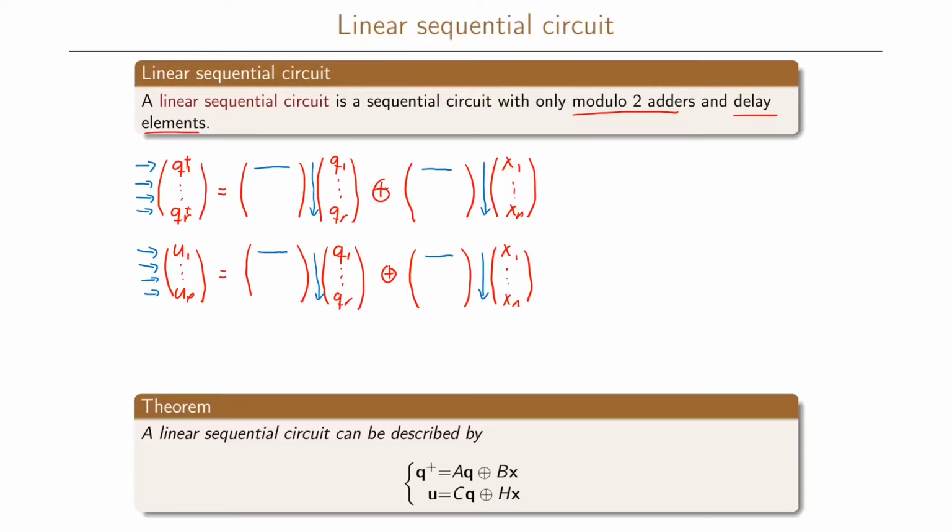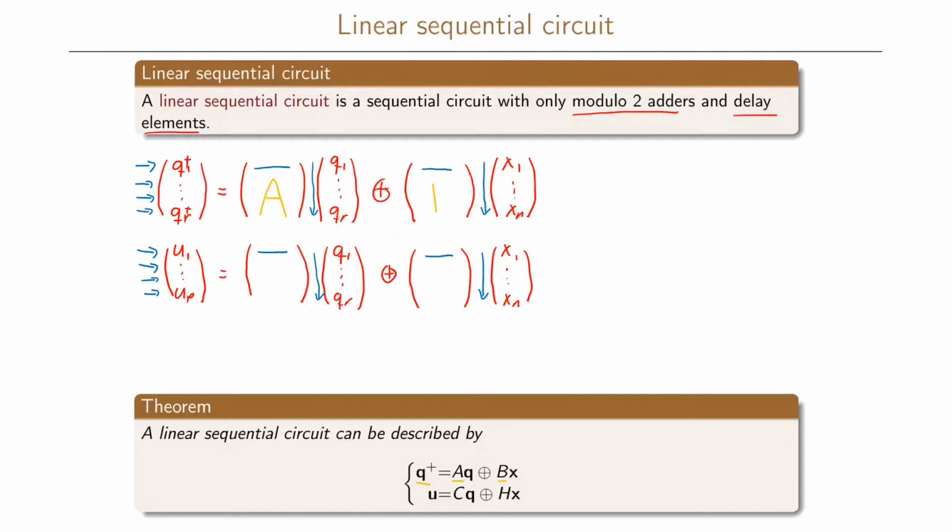So from this it follows that a linear circuit can always be described by this column vector here of the next state variables, which equals a matrix that we're going to call A, times the current state, plus another matrix B times the input variables.